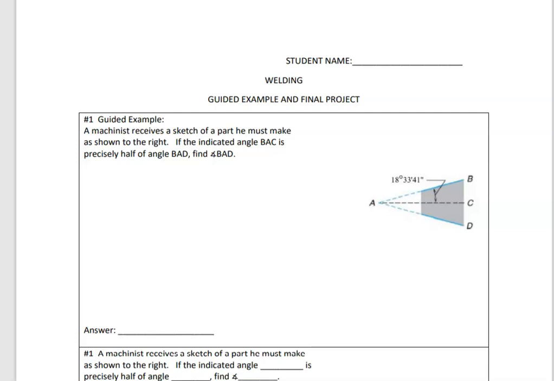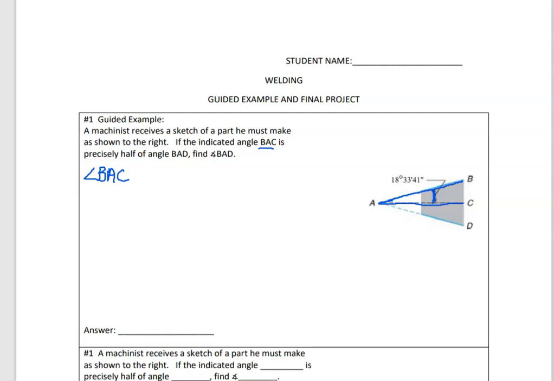So what we have here is this angle that they're talking about, angle BAC. When you look over here, we're talking about this angle right here that they've got drawn for us.